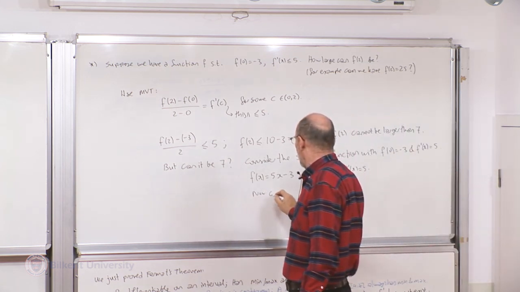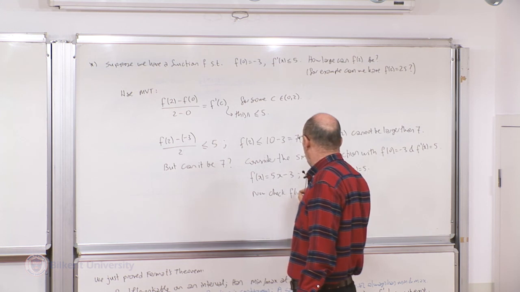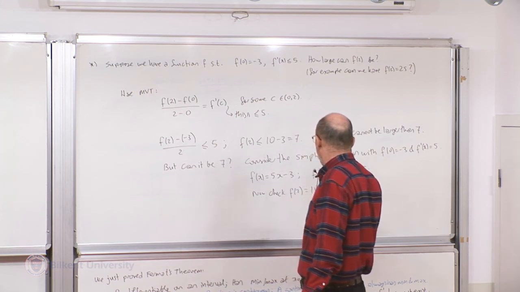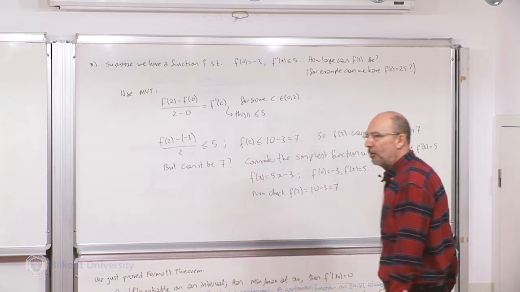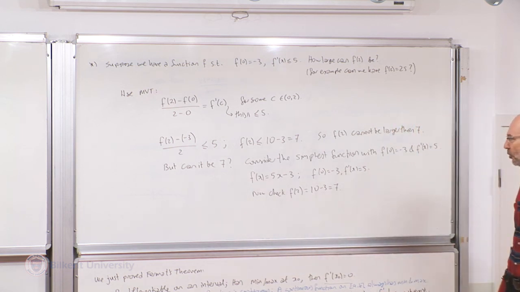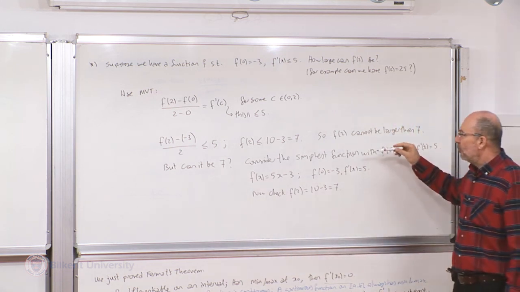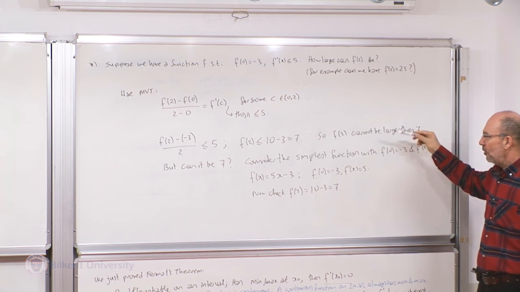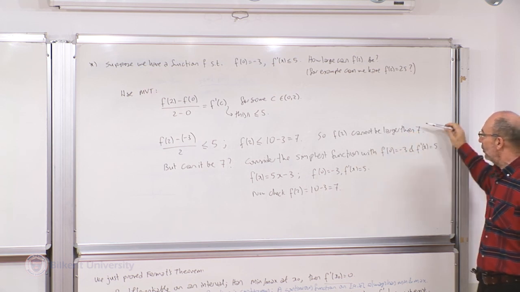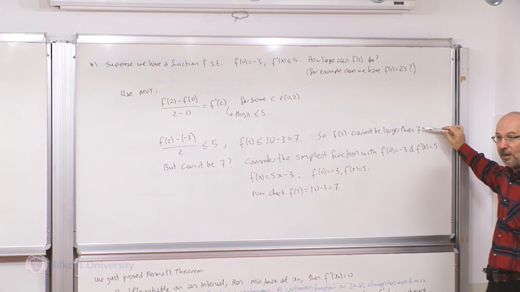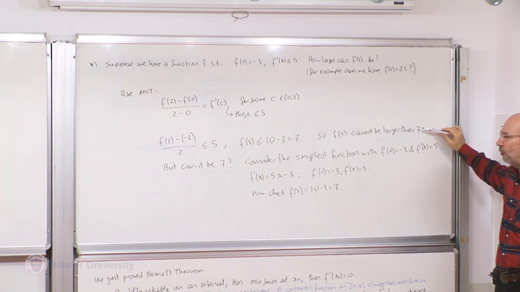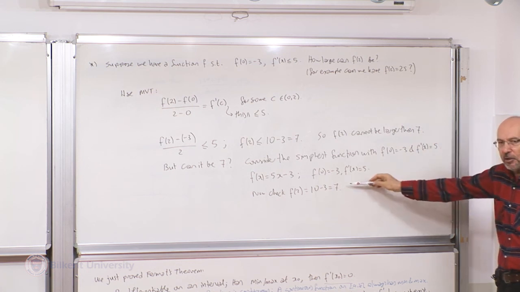Now check f of 2. So f of 2 is 10 minus 3 equals 7. So the maximum of this function is less than or equal to 7 at 2. Of all these functions, the maximum number that can be taken is bounded by 7, but 7 is actually taken.